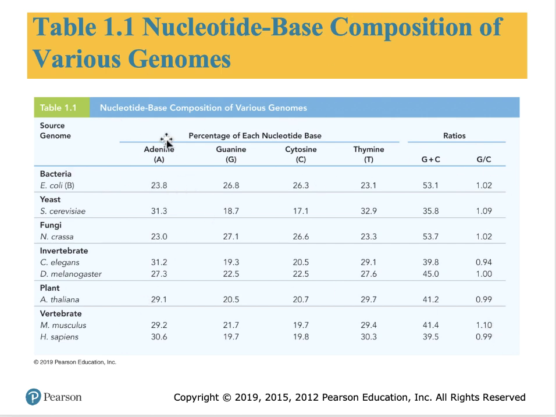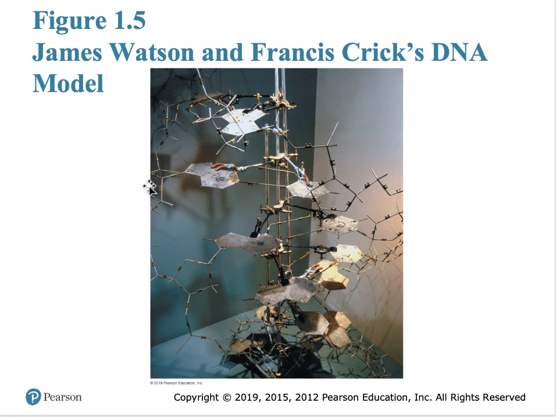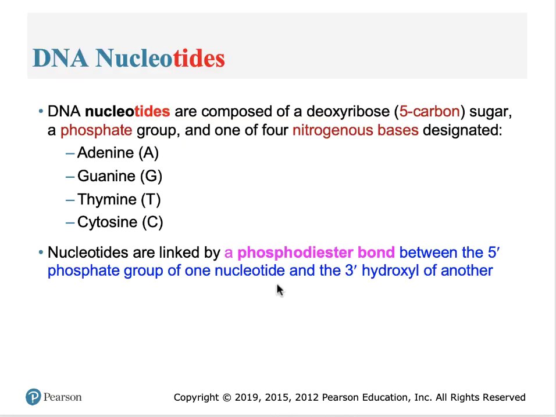So Chargaff was instrumental in elucidating the complementary base pairing of DNA. This figure here shows the rudimentary structure that Watson and Crick devised from the analysis of other people's work. So this was the very first DNA double-stranded molecule to be put together using cheap implements available to them at the time. I did name the 4 nucleotides.